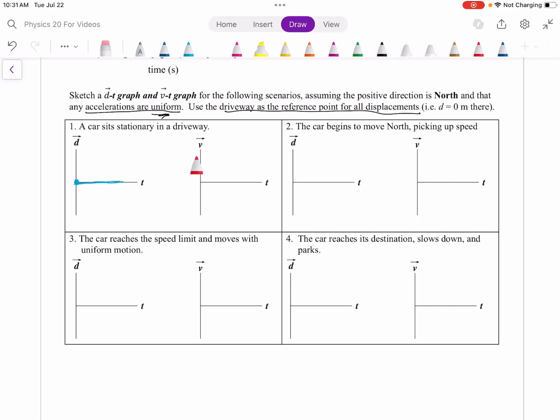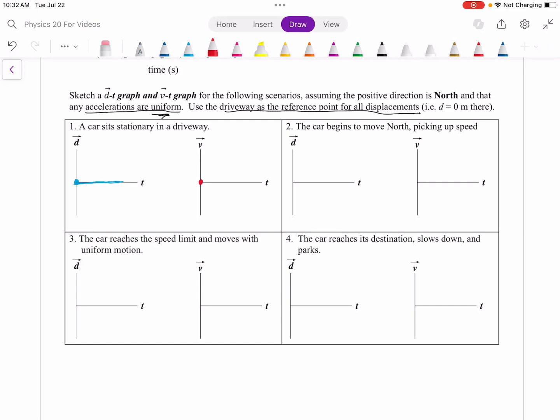Okay, now let's look at the velocity as a function of time graph. Okay, now remember, we're not talking about where it is anymore. We're talking about how fast it's going. That's what's on our y-axis, right? It's velocity, not its position. Okay, but in this case, if it's stationary, what's its velocity? Right? If it's stationary, its velocity is 0.